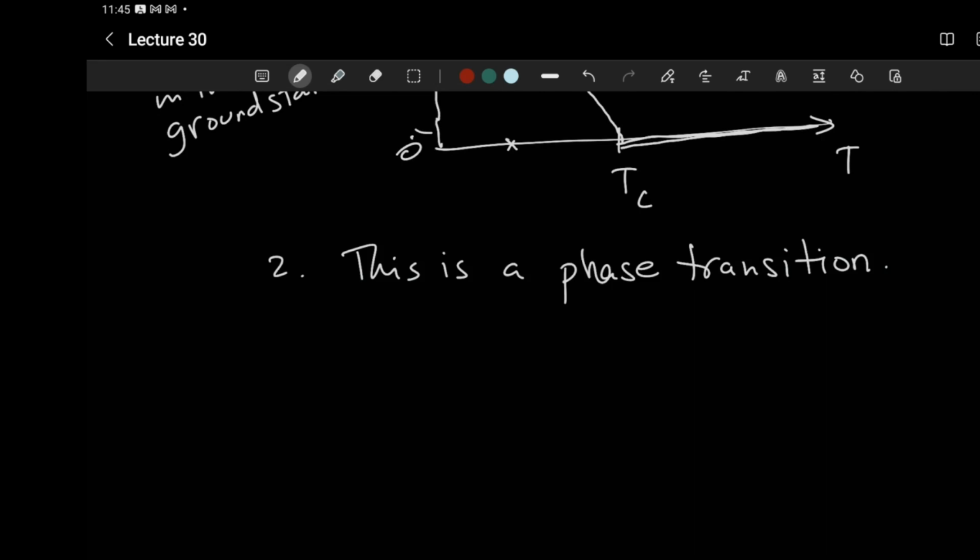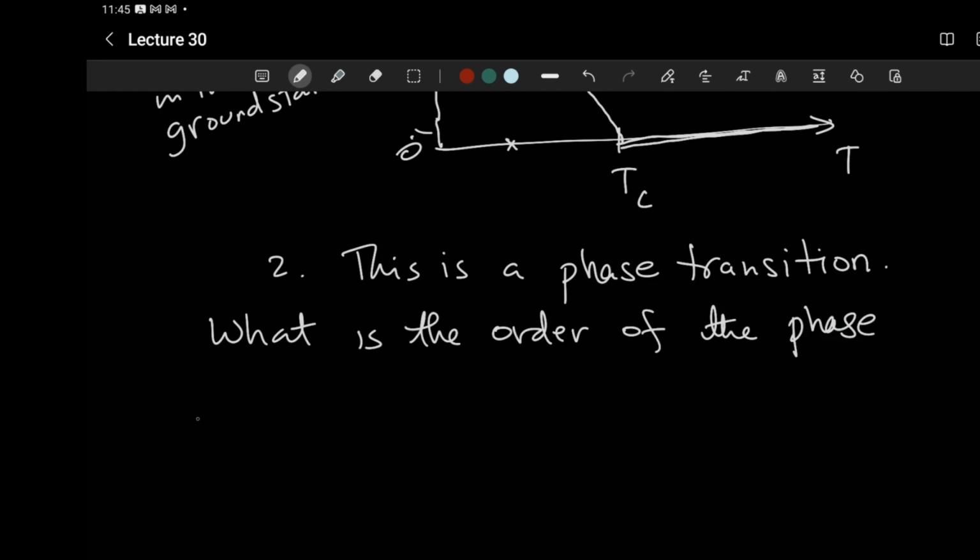Now we can ask, what is the order of the phase transition? You can take a guess. What do you think it would be? At T equals Tc it is going to be second order. Okay, any other choices?